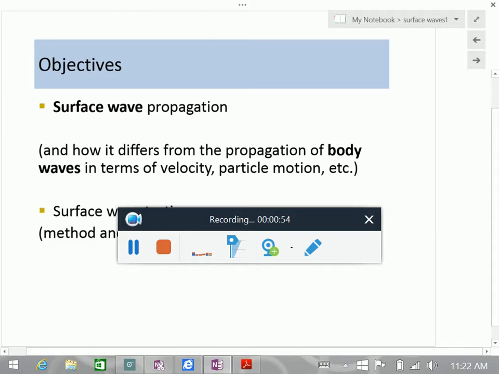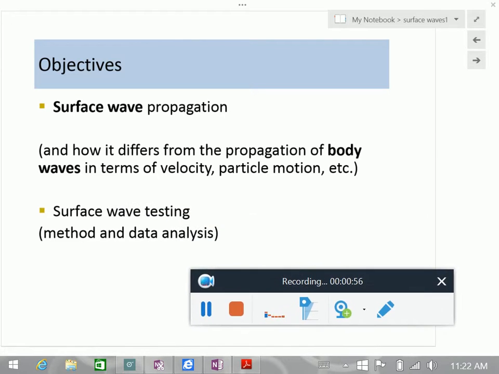So what I hope to cover on surface waves is, first of all, why they exist and how they are different from body waves. Are you familiar with the expression body waves? What do I mean when I say body waves?